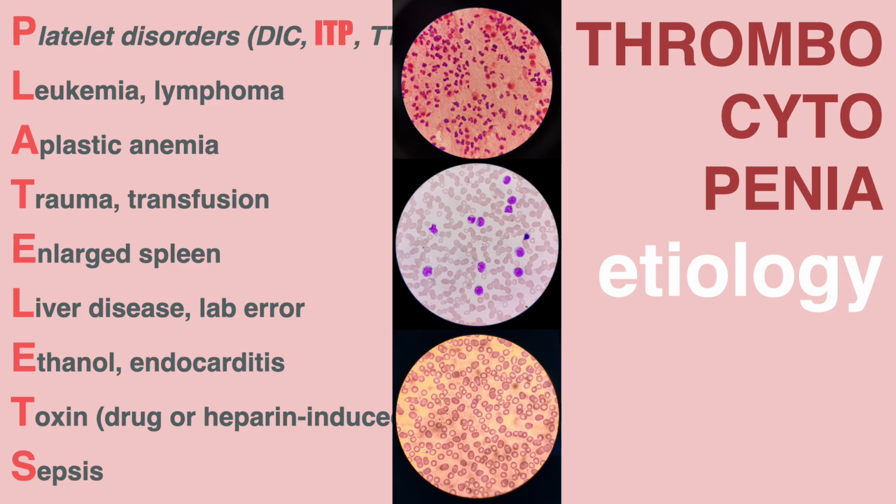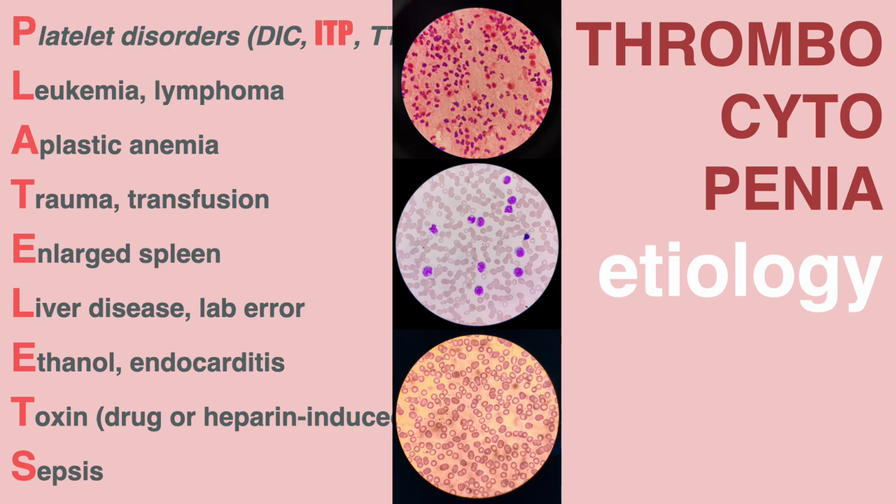We have to look at thrombocytopenia etiology in its entirety because ITP is naturally diagnosed by exclusion. So it's important to know some of the other causes of thrombocytopenia to include in our differential diagnoses, so that we can say, oh, not that, and then determine, oh, it's ITP.